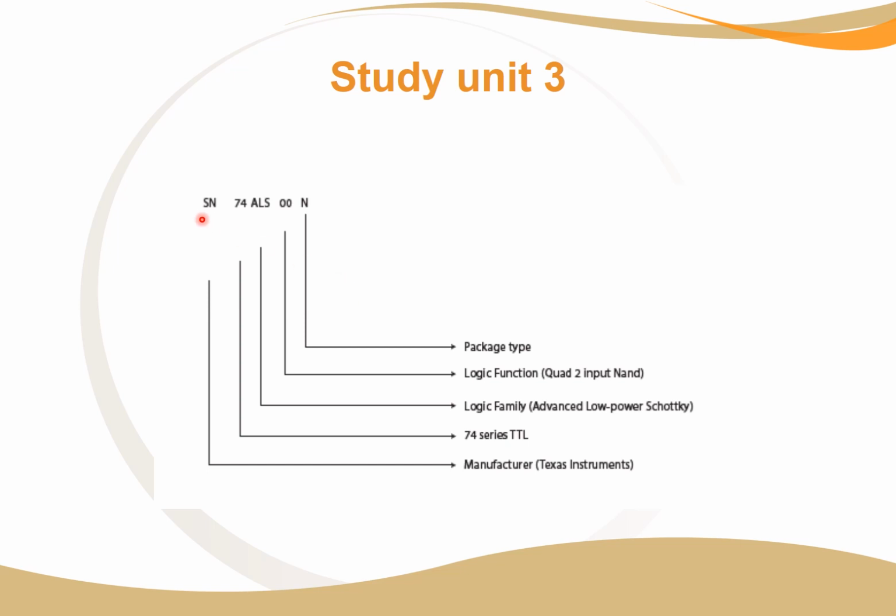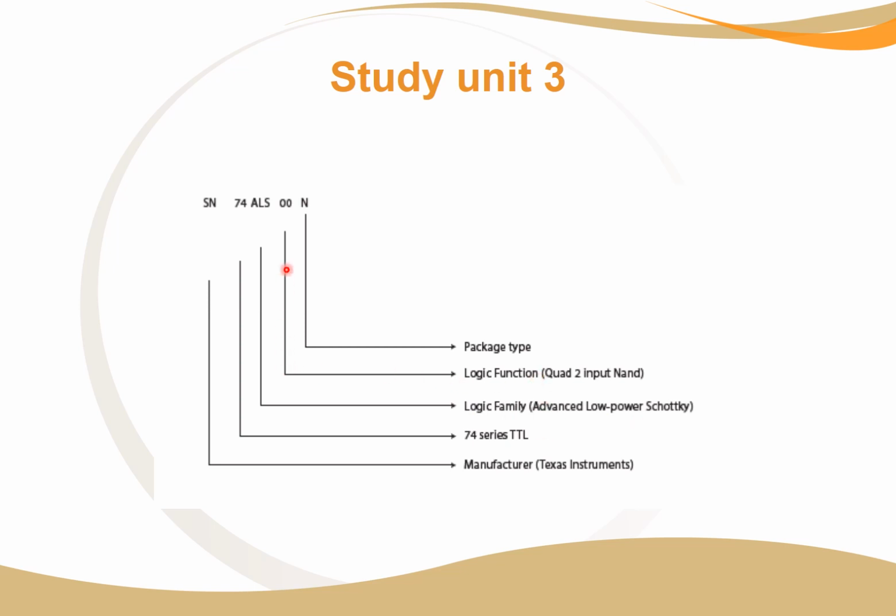So here we have the notation. On most chips, you will look at the top and there will be writing on it, and this denotes what chip you are working with. Usually the first 2 letters are the manufacturer. Then there is 74, the series number, 74 series TTL. Then you have the logic family, advanced low power Schottky. Don't worry too much about it.